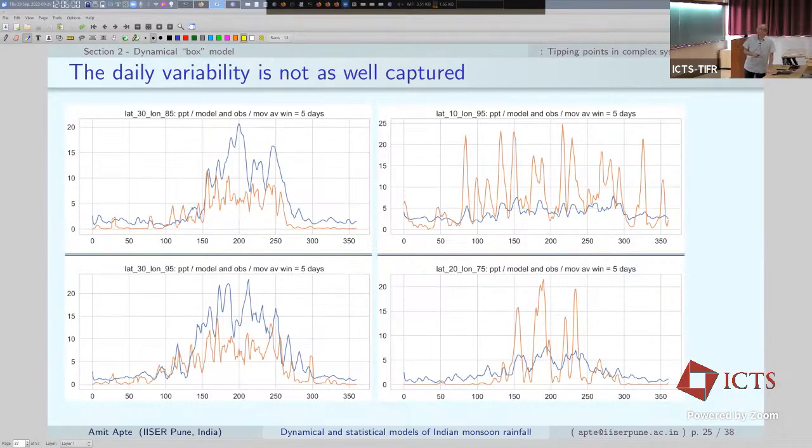Sorry about that. But one color is model, the other color is observations. And the daily variation is not captured. Well, if you average over monthly, so if you average over sufficiently smooth time periods, then it kind of matches in different boxes. So the details are not sufficiently well captured in this model.